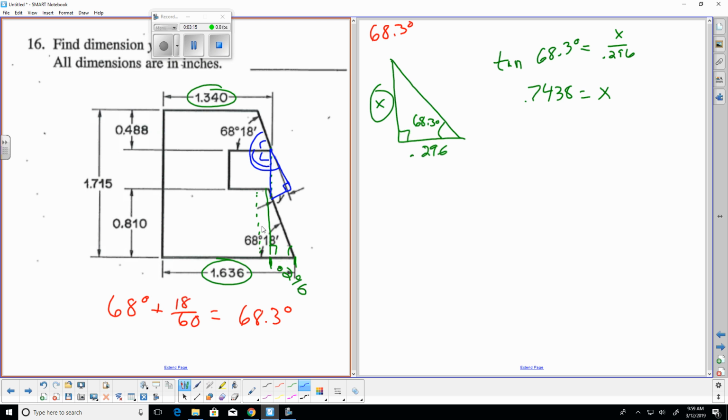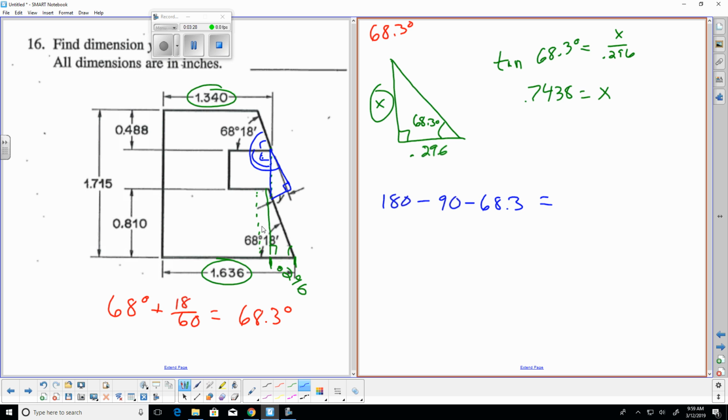We're going to go 180 degrees, which is the whole way around, minus 90, that's this chunk right here in the middle, minus this 68.3, and that's going to give me my angle that is right here. That'll be this angle. So when you work that all out, I get 21.7 degrees. Okay, good.